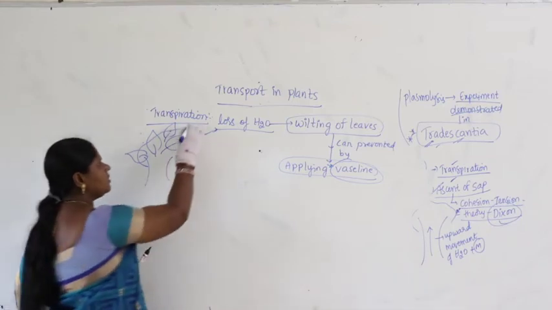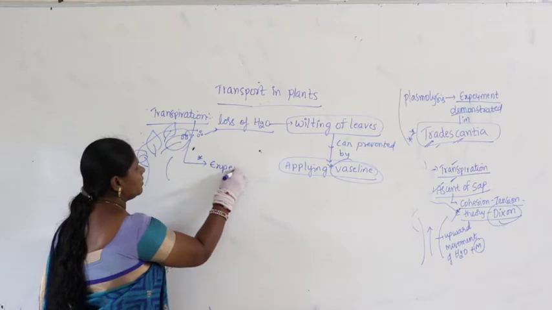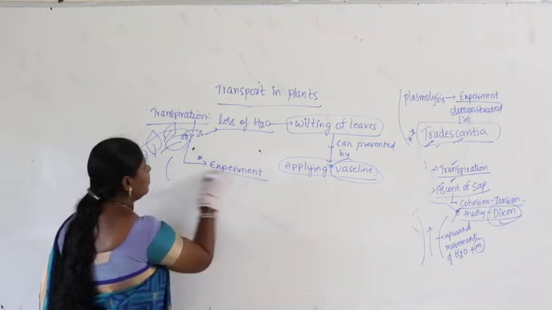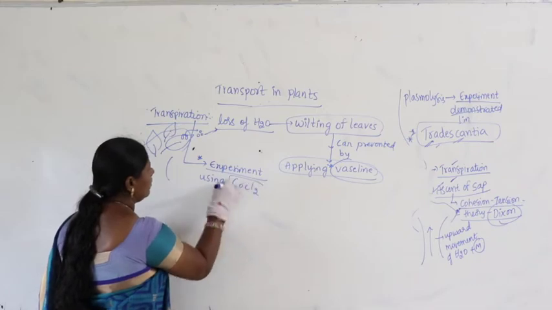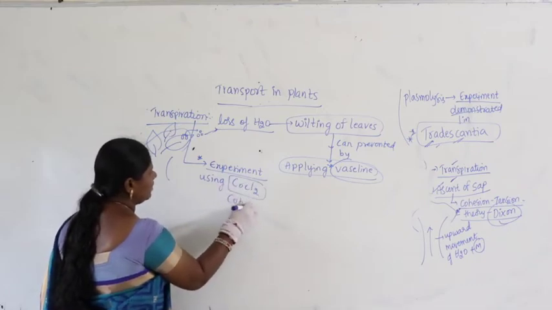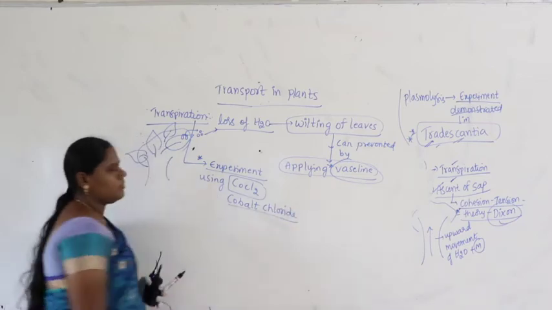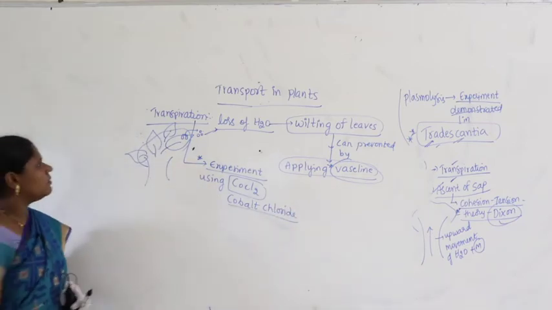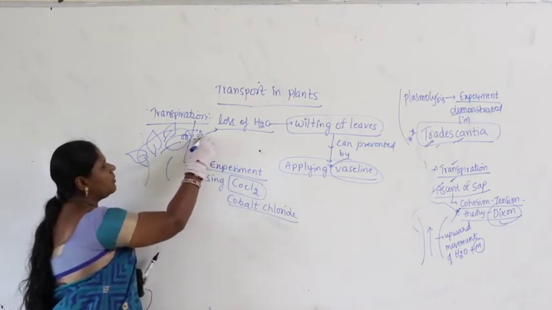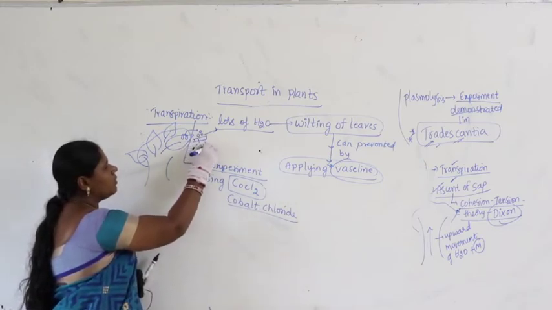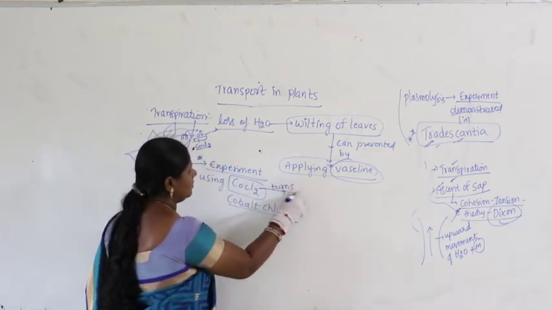Then, whether transpiration is happening or not, they have done the experiment using cobalt chloride. I am writing here cobalt chloride. How do we come to know if transpiration is happening? We take the paper containing cobalt chloride, and it turns orange.